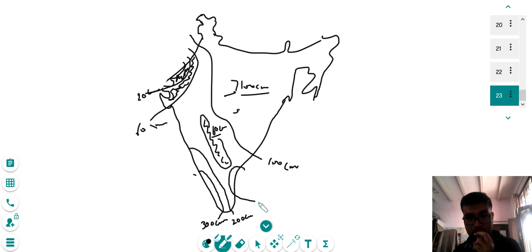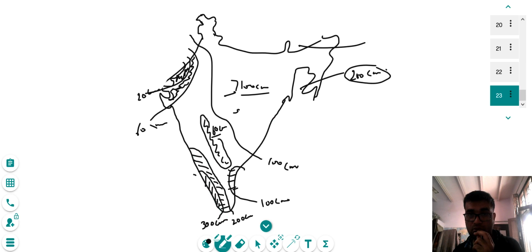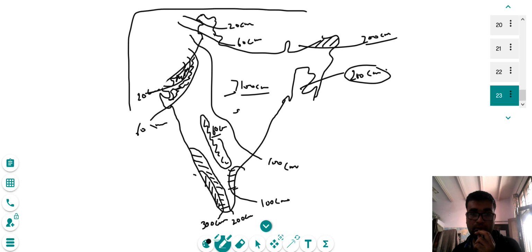This one is again the 100 centimeter isohyet, so here again more than 100 centimeter rainfall, more than 300 centimeter on this Malabar coast, and this region witnesses between 300 and 200 centimeter rainfall. This region is more than the 200 centimeter isohyet, so here more than 200 centimeter rainfall. This is the 60 centimeter isohyet, and this is the 20 centimeter isohyet. So this is the rainfall map of India.